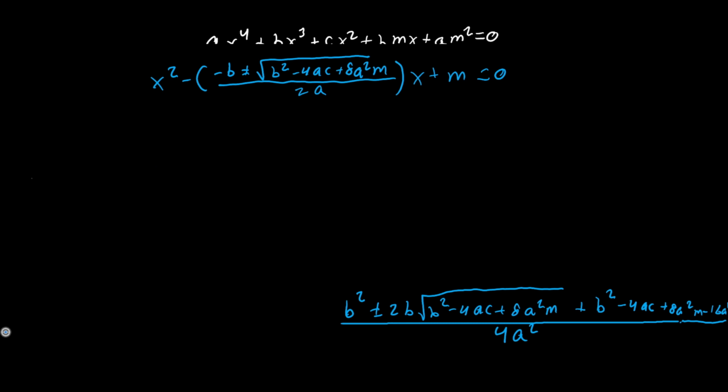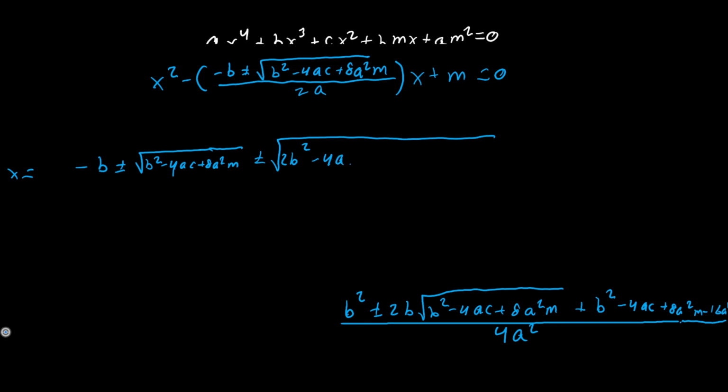So we will have x is equal to minus b plus or minus the square root of b squared minus 4ac plus 8a squared m, and then with all of this included, plus or minus the square root of b squared and b squared added, that is 2b squared, and we have minus 4ac, and we have 8a squared m minus 16a squared m, which is minus 8a squared m.